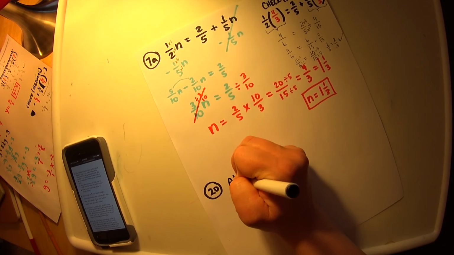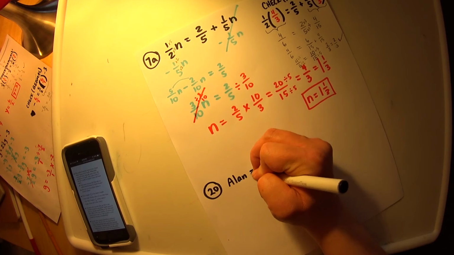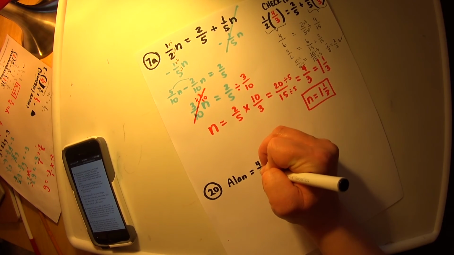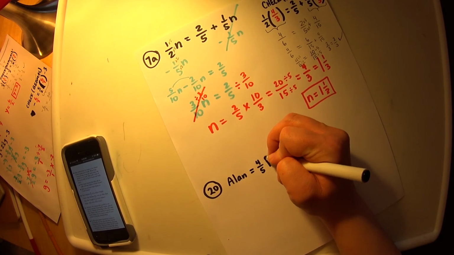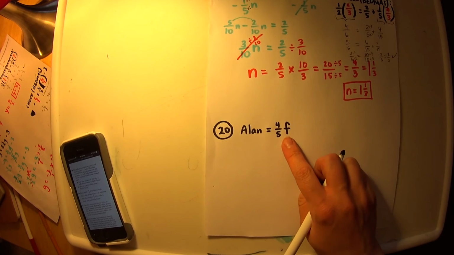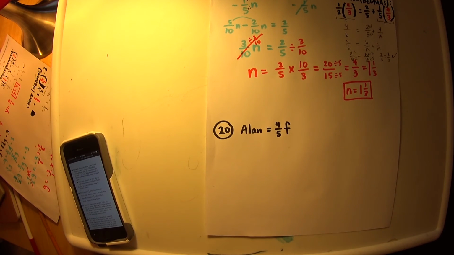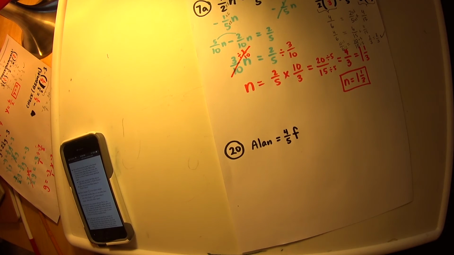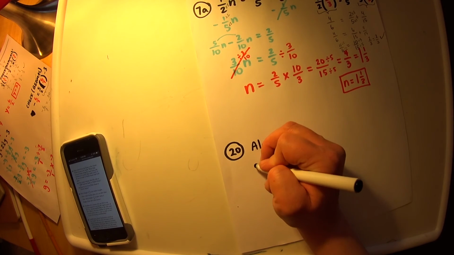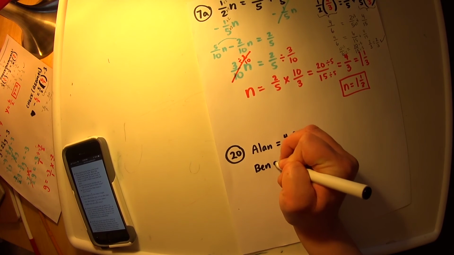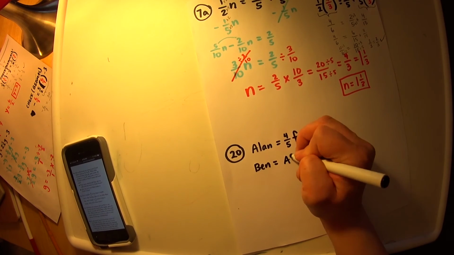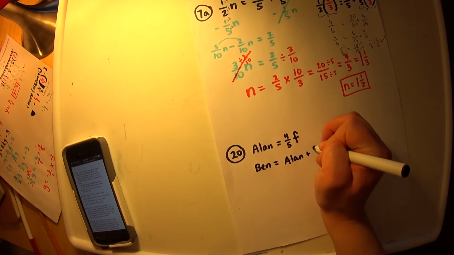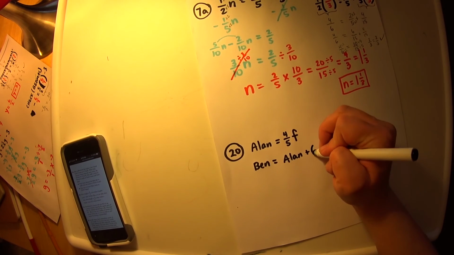Okay, so Alan is equal to 4/5 of his father's height, which we don't know what it is, so that's what we're going to call F. Okay, Alan's older brother, Ben, is 6 centimeters taller than Alan. So Ben is equal to Alan plus 6 centimeters.